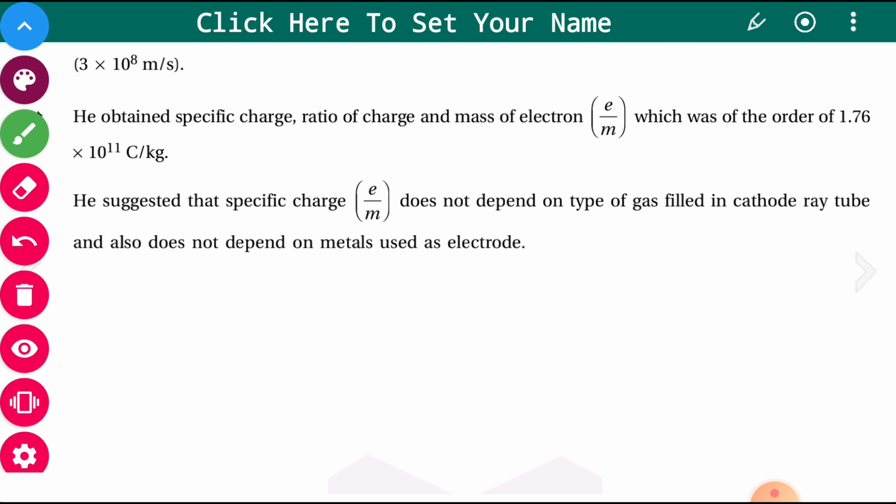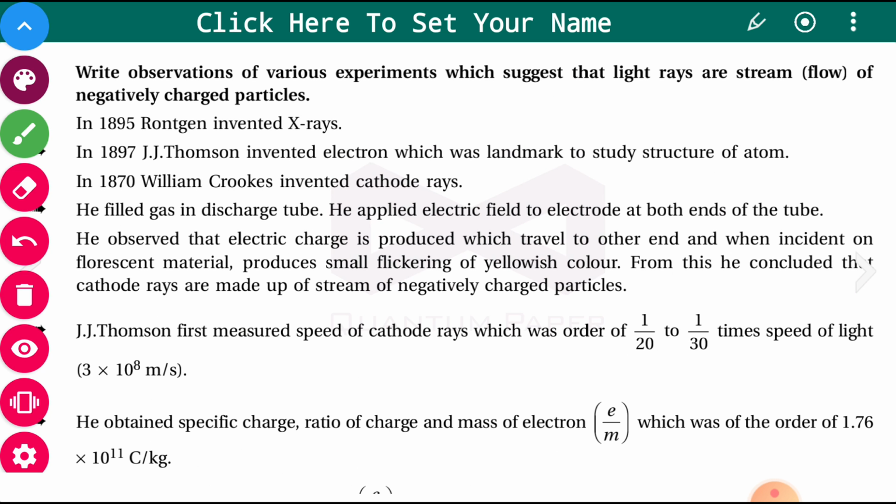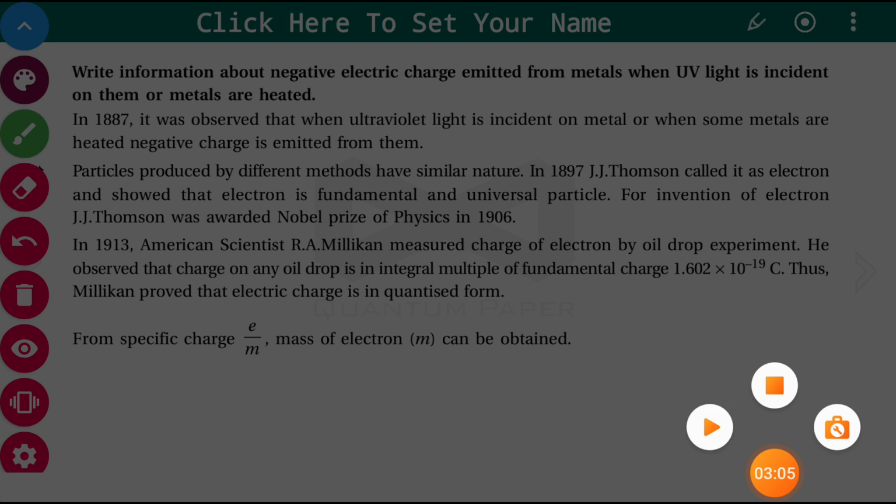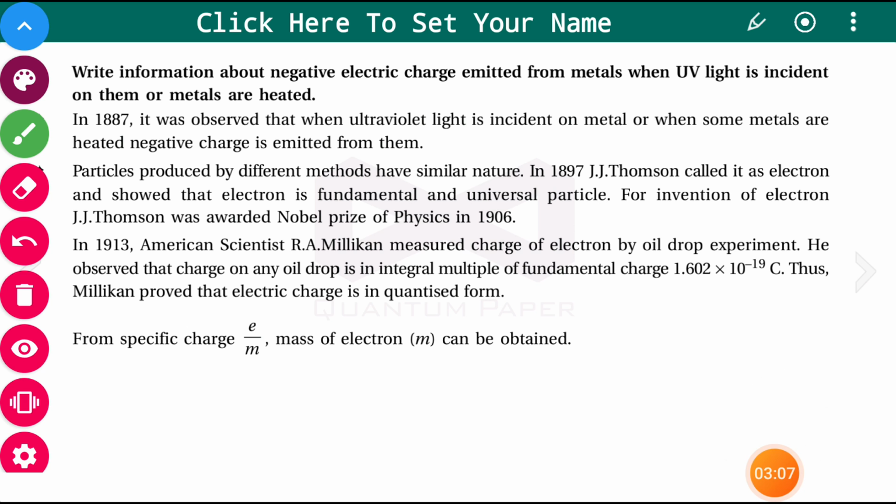So these were different observations and various experiments which suggest that cathode rays are a stream, that is a flow of negatively charged particles. Now there is some information about negative electric charge which is emitted from metals when ultraviolet light is incident on them or metals are heated.